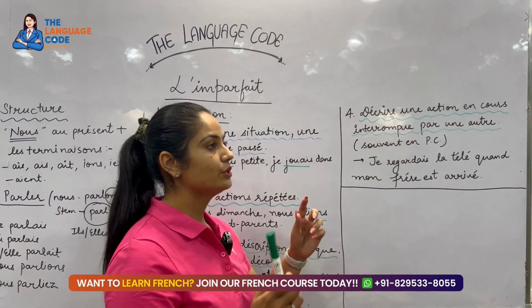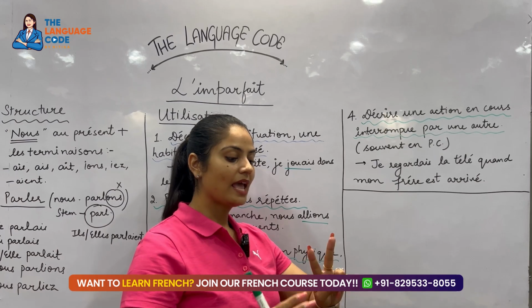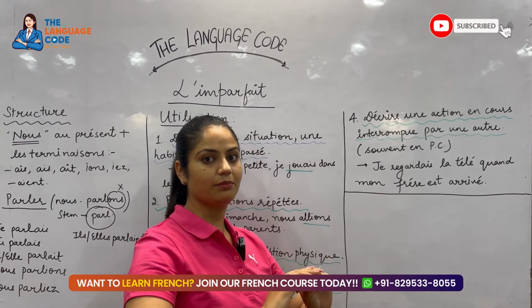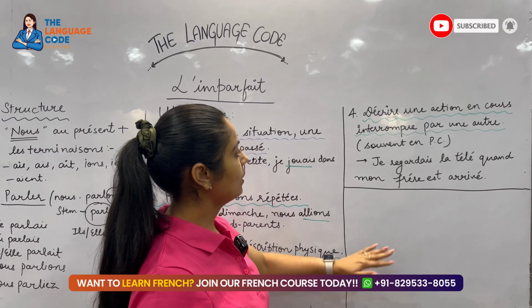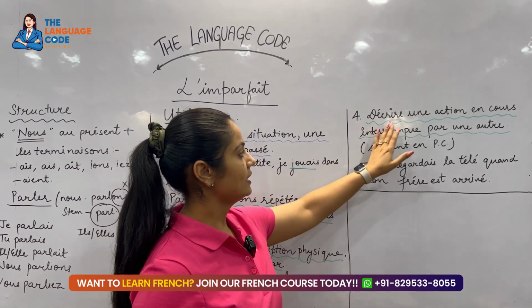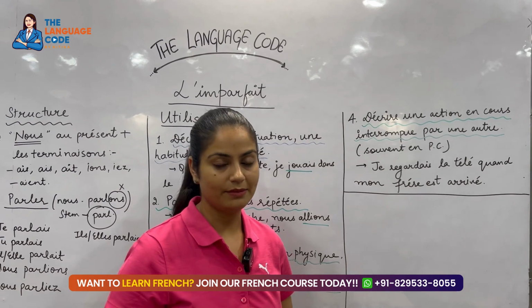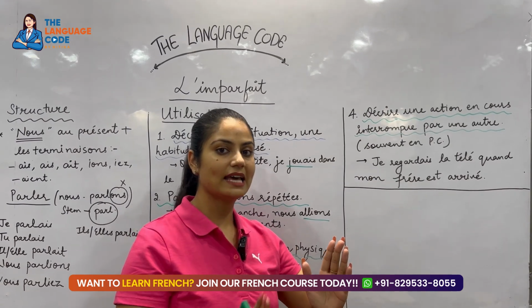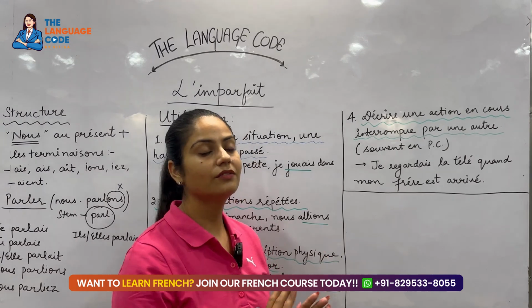Going on to the fourth one, décrire une action en cours interrompue par une autre. That means in the past two actions are going on simultaneously and the other action interrupts the first one.